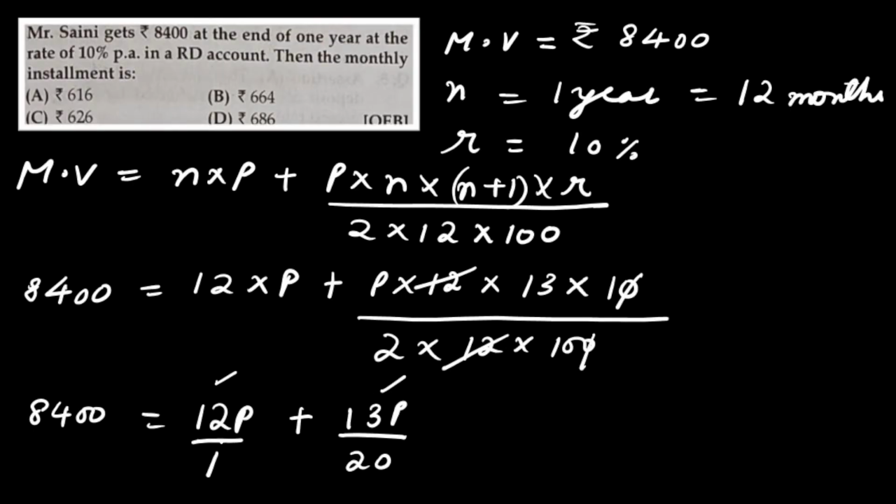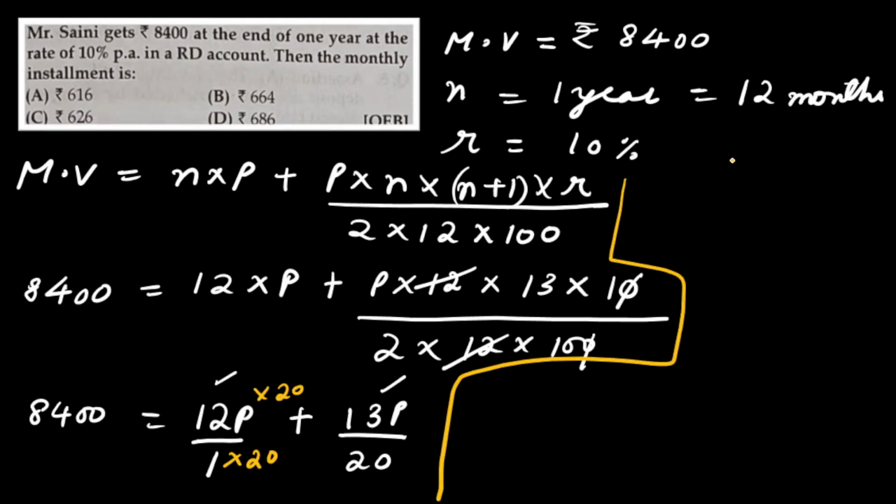I have written 12P as 12P by 1 because two fractions are getting added. When two fractions are getting added, we have to find the LCM, or in simple words, we have to make the denominator the same. How will we make the denominator the same? One denominator is 20, so we multiply up and down with 20. Then what we'll get? 8,400.